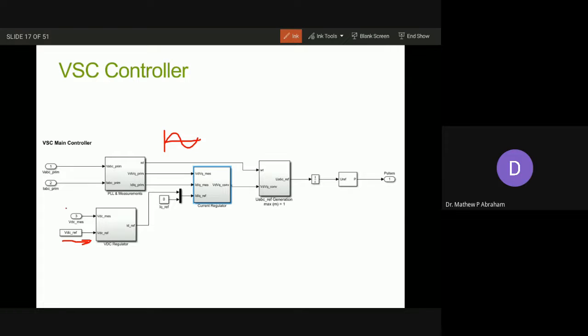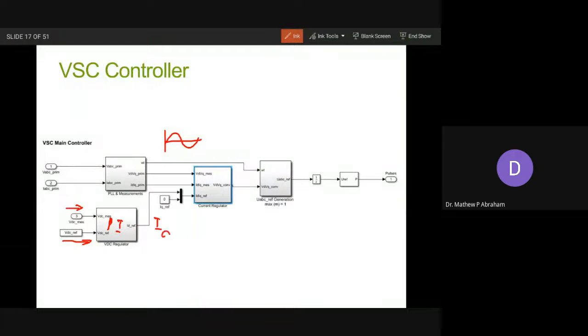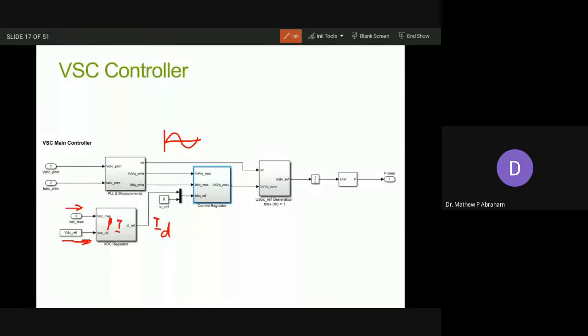It takes a measurement of the bus voltage, and the VDC regulator, which has a PI controller inside it, decides the ID reference.